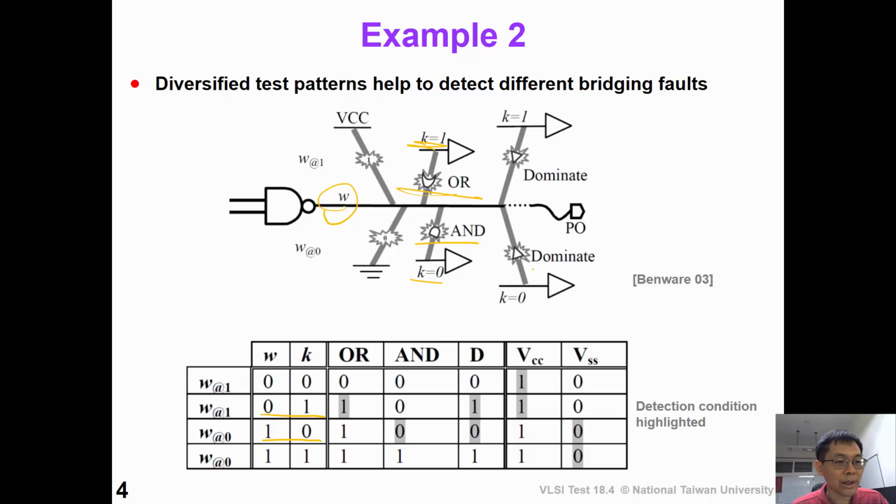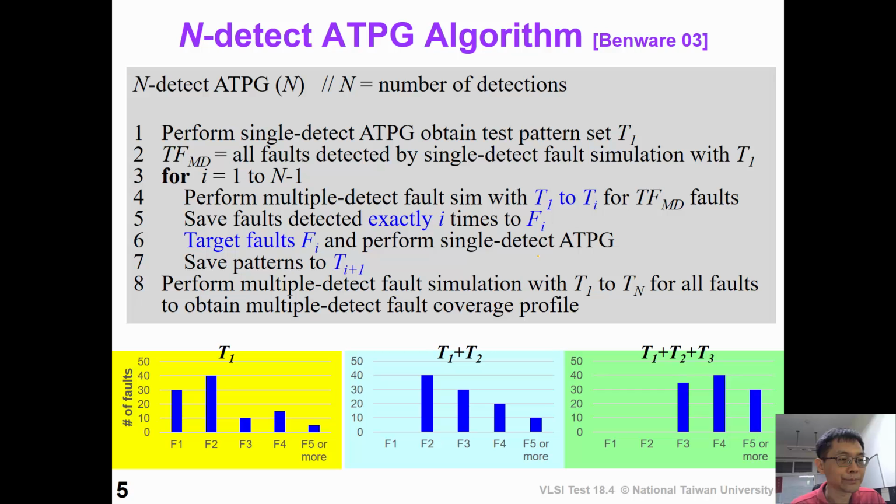If we want to detect wire dominant fault between W and K, we need these two conditions. However, if we want to detect W bridging fault between power and ground, we also need different conditions. In summary, diversified test patterns help to detect different bridging faults, which can improve our DPM.